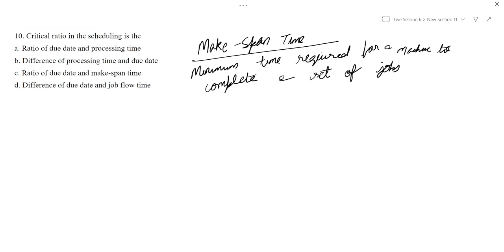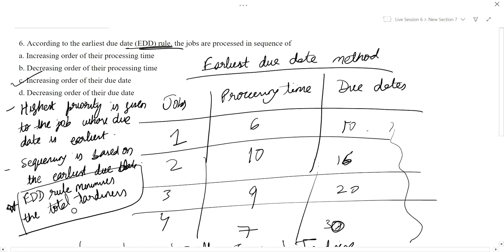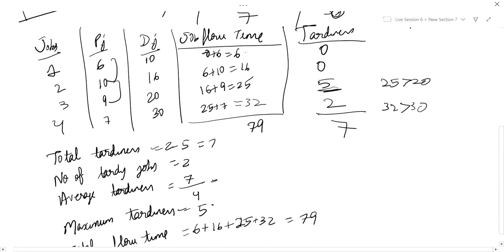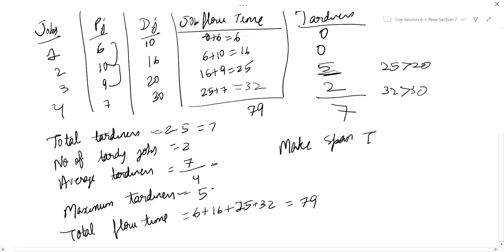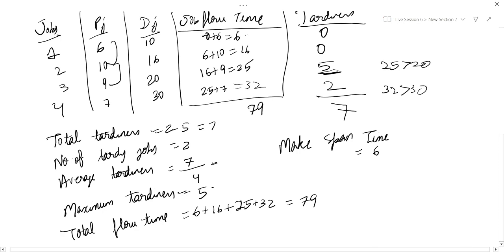So like in the question in which we solved the numerical, here the make span time is equal to 6 plus 10 plus 9 plus 7.